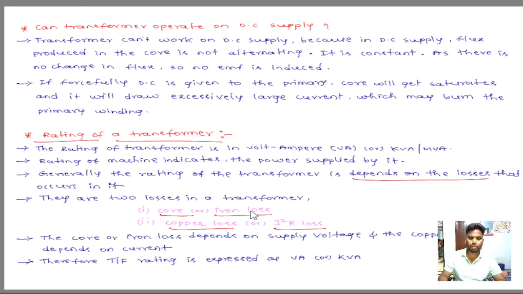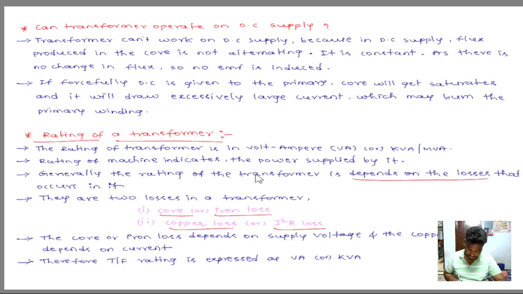Now, of these two losses, one depends on the supply voltage and the other depends on the current. The core or iron loss depends on the supply voltage.